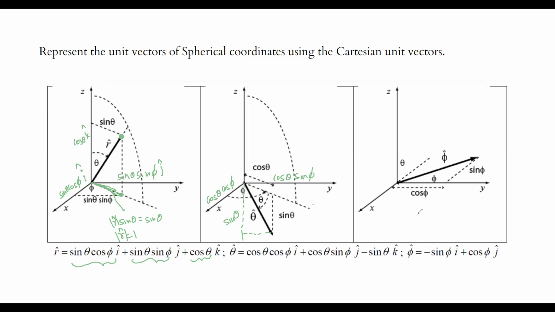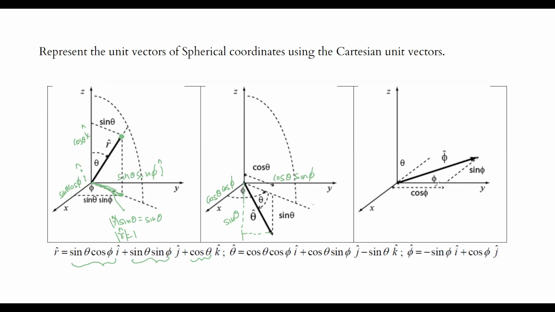Next, we have the phi hat unit vector. Phi hat unit vector we can define using the components along the xy coordinate axis. Right. So once we measure the phi angle in this manner, we have the projection along the j hat direction as cos phi, and along the i hat direction as minus sine phi.